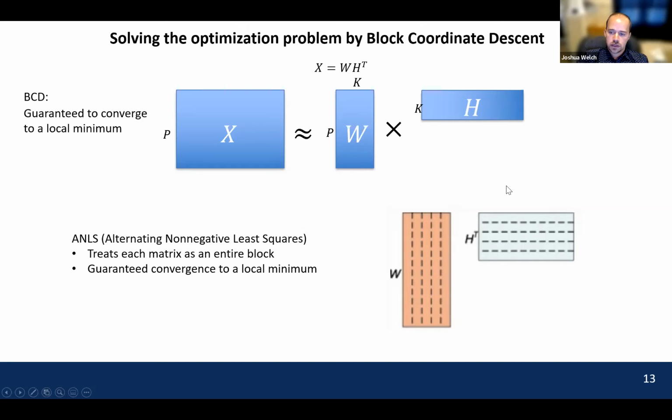And then the last detail that is needed to make this whole thing work is actually a way of solving for W and H at each step. And we do that using non-negative least squares. So basically we use a numerical solver that solves for W holding X and H fixed. And that turns out to be a least squares problem with non-negativity constraints.